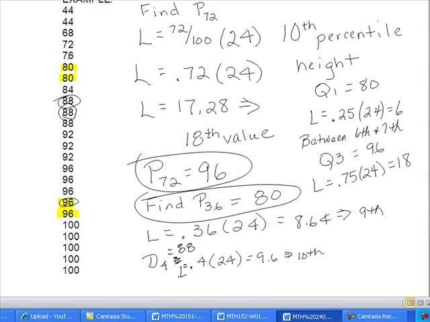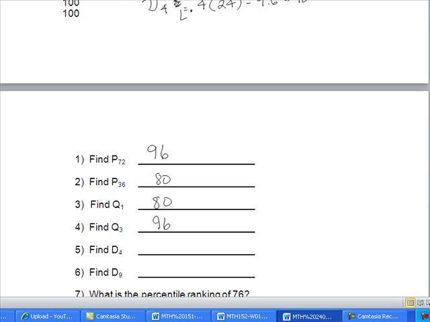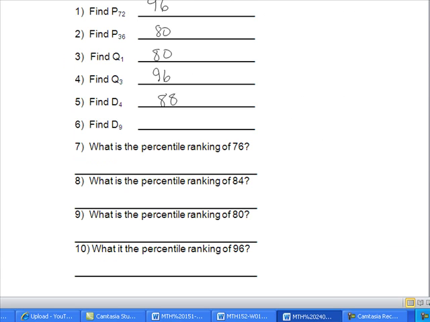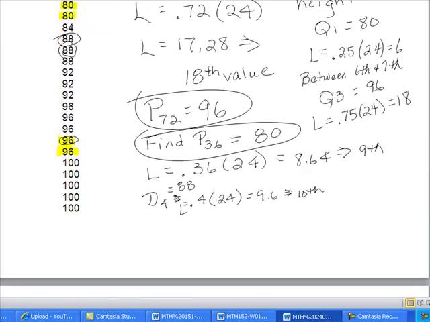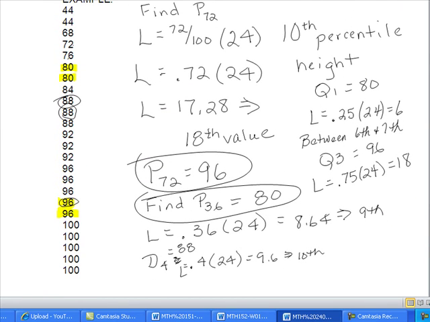And our last one of this type, 9th decile. Our locator would be 9/10 of 24. So 0.9 times 24 is 21.6.